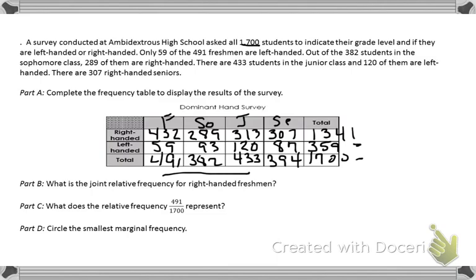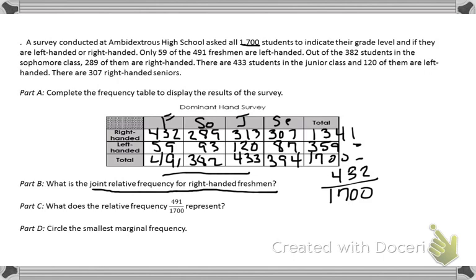What is the joint relative frequency for a right-handed freshman? So out of all the students, there are 1,700. I am looking for right-handed freshmen. There are 432 of them.